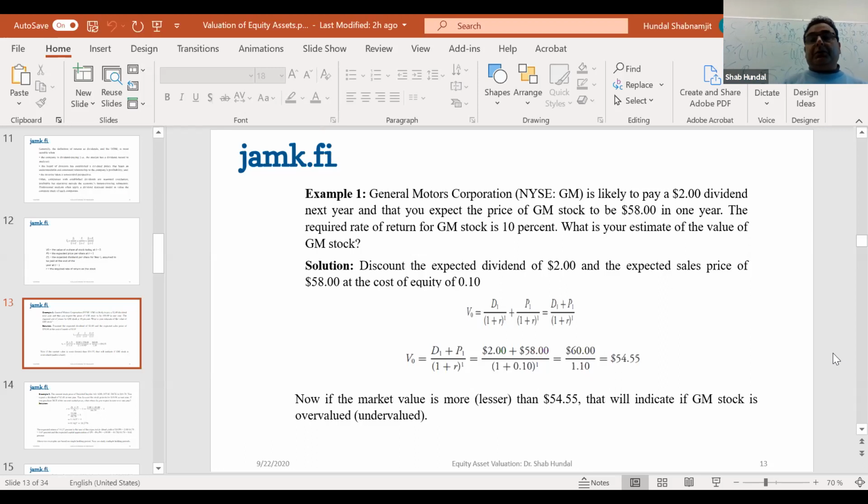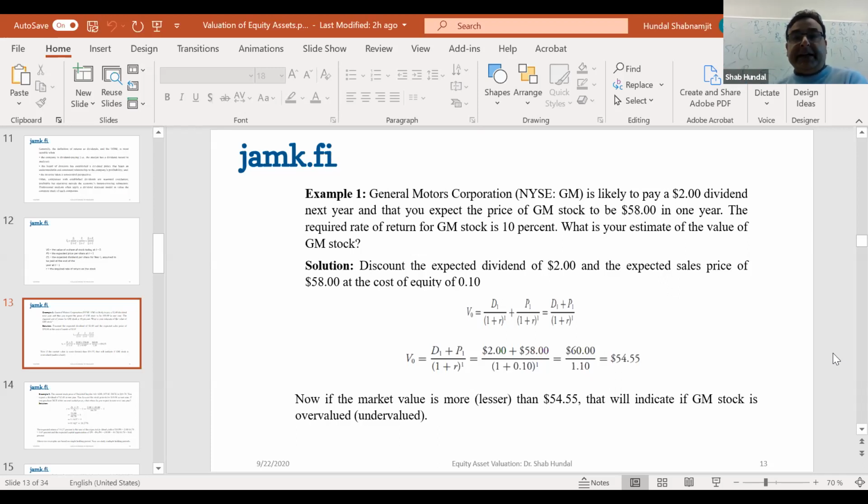It is equal to the dividend that you will get next year, plus, if you have to buy the stock, you will be paying $58, and divide by 1 plus R. Remember, in both cases the power of the period is 1, because we are only calculating for 1 year. Are you with me? That is why the power is only 1.